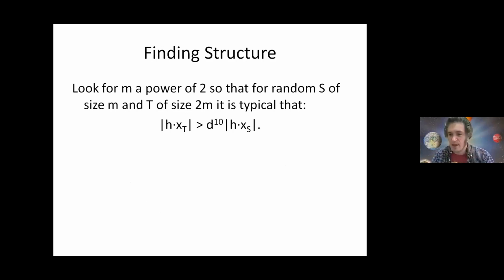of 2. And we're going to take random sets S of size M and random sets T of size 2M and ask, is it typical that H dot, this sort of margin oracle point for T, is bigger than D to the 10 times H dot, the representative point for S?